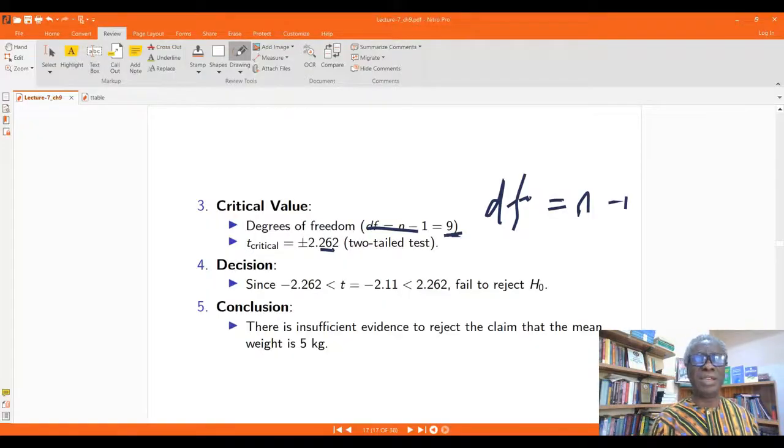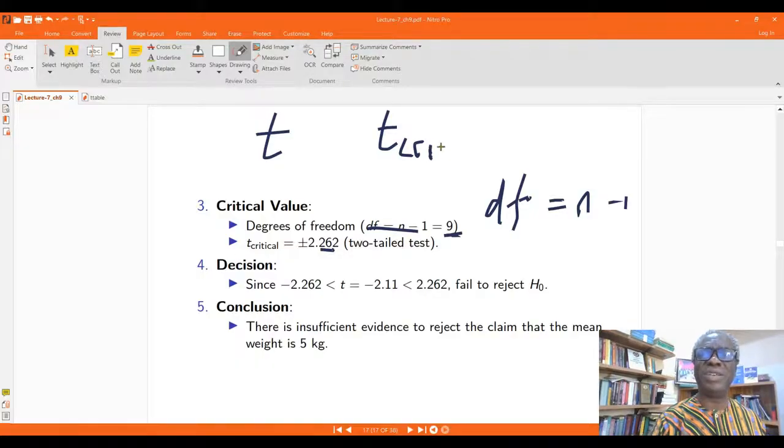So the decision rule in this case is to compare the t that we calculated with the t that is tabulated, the one we call the critical T.